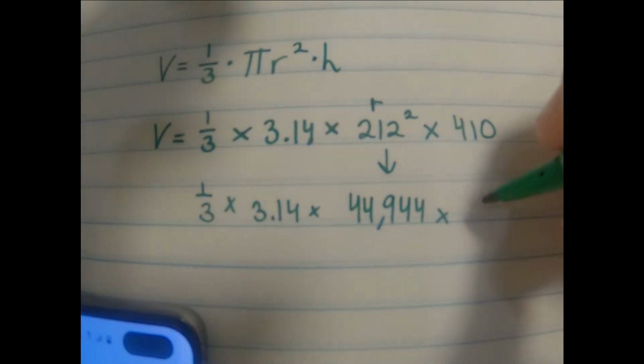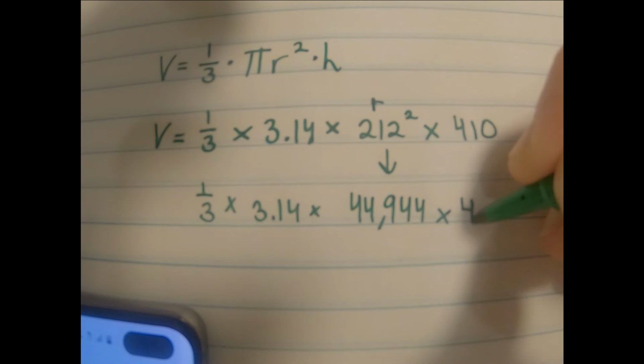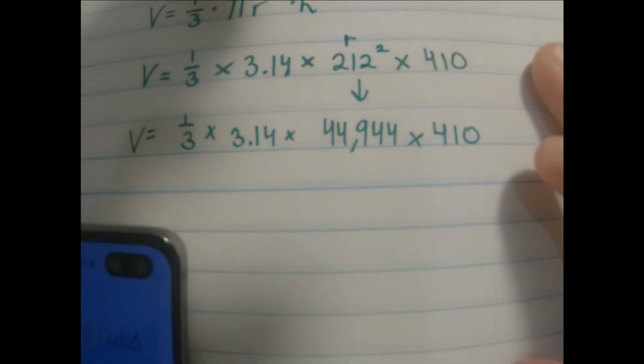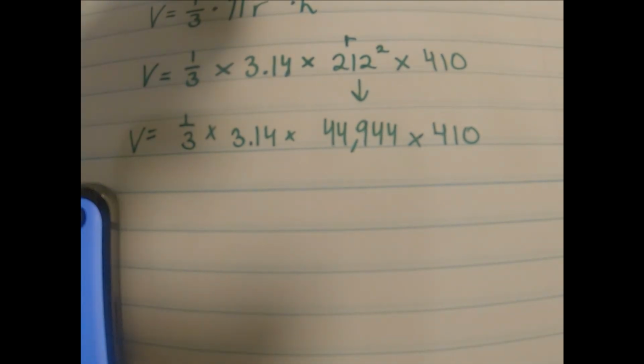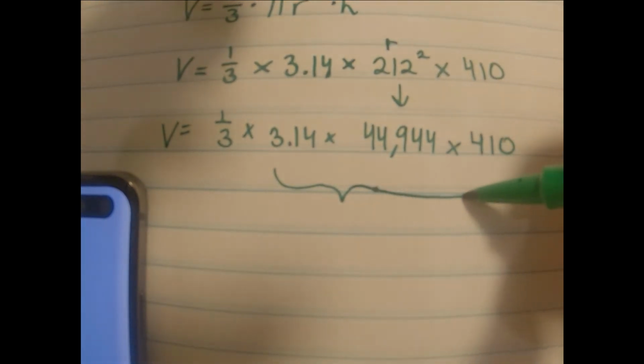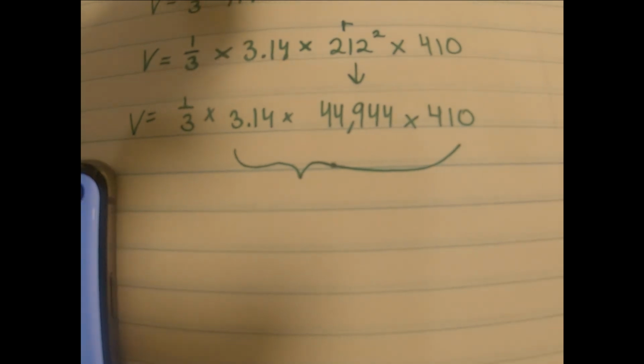So I'll bring down everything else. 1/3 times 3.14 times 44,944 times 410. You really want to make sure you stay organized as you're doing these equations because it's easy to get lost in your own work like some of you have seen recently. Now I'll start multiplying here because in the end I am going to choose to divide by 3 as opposed to multiply by 1/3.